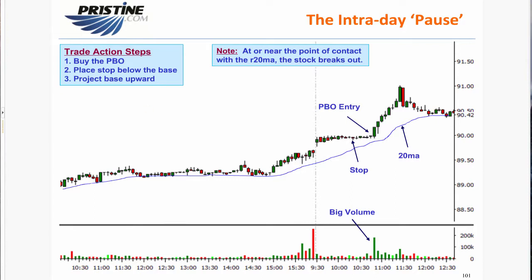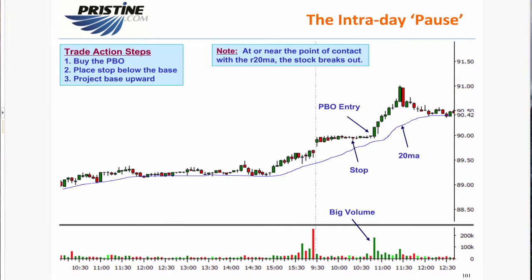Now, as it says here, you can project the base upwards to give you an idea of where you might expect your target to be. What does this mean, project the base upwards? And again, this is not scientific. It's a very loose way of determining where this might be able to go. Of course, you could just look to the left and say, okay, where's the next reference point of resistance?